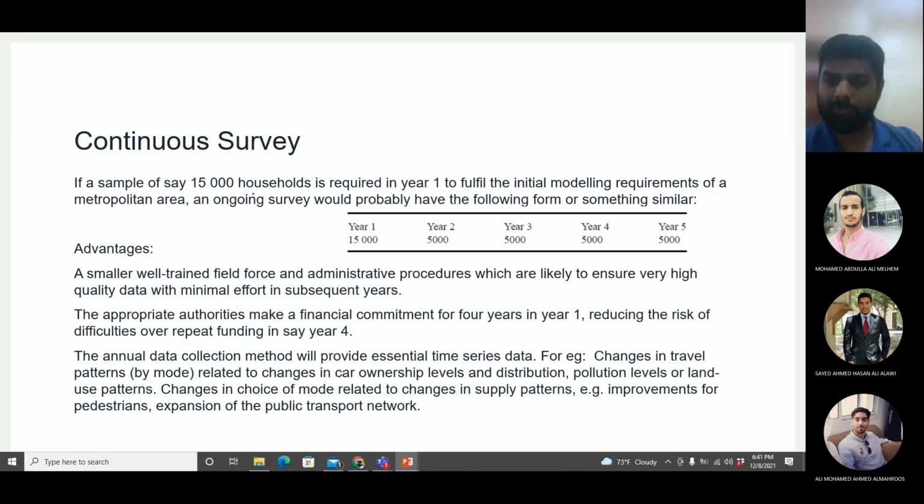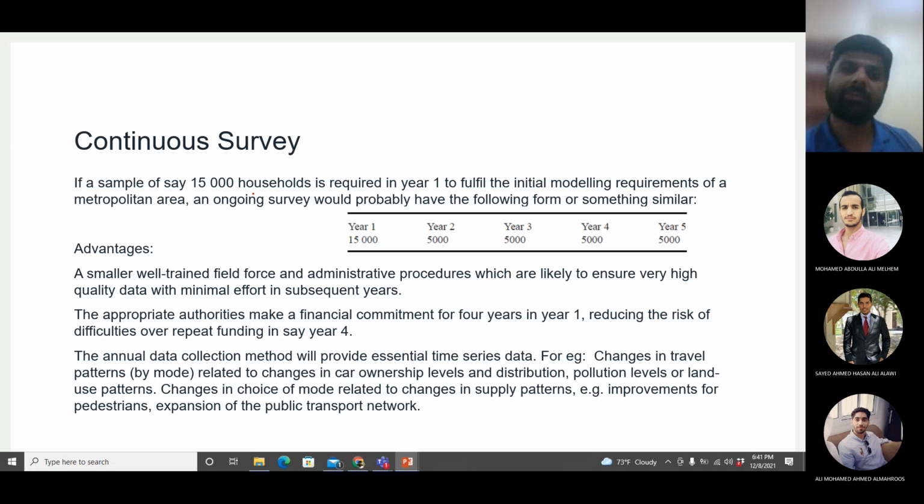I will try to minimize my cost, but I know if I select trained people and they keep on collecting data for me, with each data collection effort these people are getting better and the data quality will also be improving. And for continuous surveys, usually the budget is approved for 5-6 years in advance.